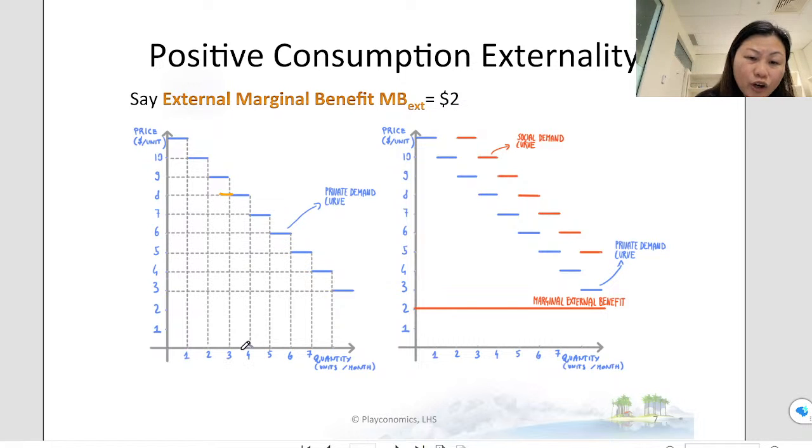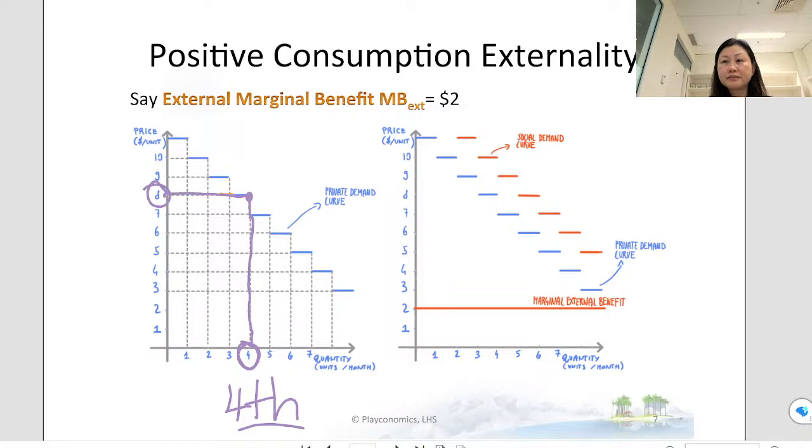So at the 4th unit, the reservation price is at $8. Therefore, the marginal benefit of consuming the 4th unit of perfume.